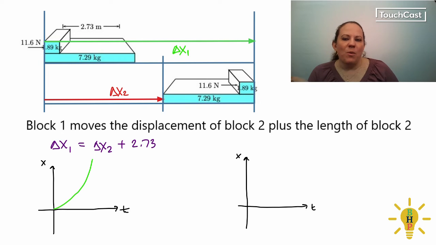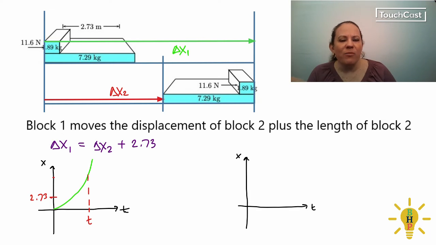And here's the thing. My smaller block is going to end up somewhere out here at time t, and that position is going to be where the right end of my block needs to end up. So really, I need to figure out, where did the right end of my block start?